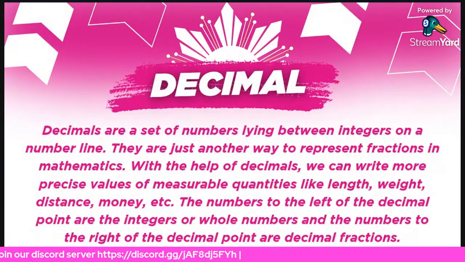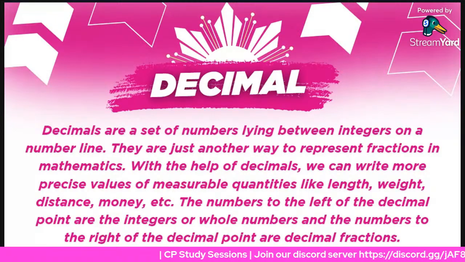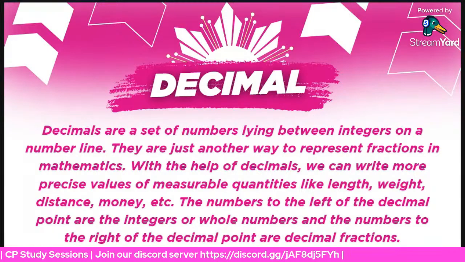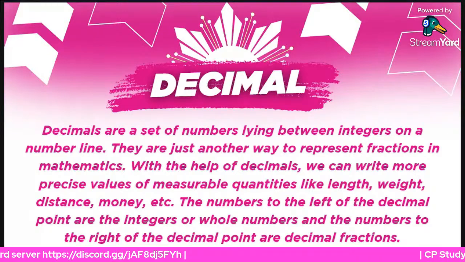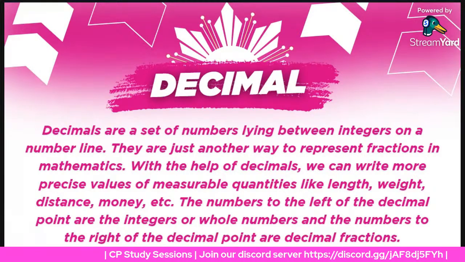So next, now let's define decimals. Decimals are a set of numbers lying between integers on a number line. They are just another way to represent fractions in mathematics. With the help of decimals, we can write more precise values of measurable quantities like length, weight, distance, money, etc. The numbers to the left of the decimal point are the integers or whole numbers, and the numbers on the right of the decimal point are decimal fractions.